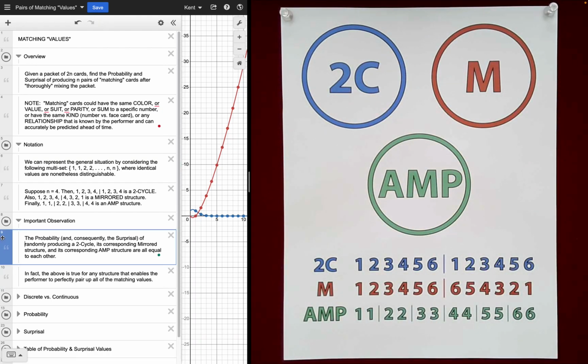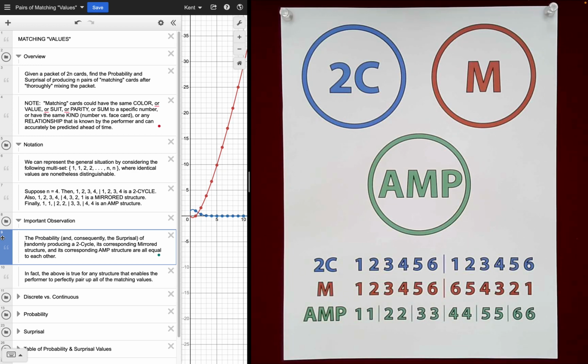The probability, and consequently, the surprisal of randomly producing a 2-cycle, its corresponding mirrored structure, and its corresponding AMP structure are all equal to each other.